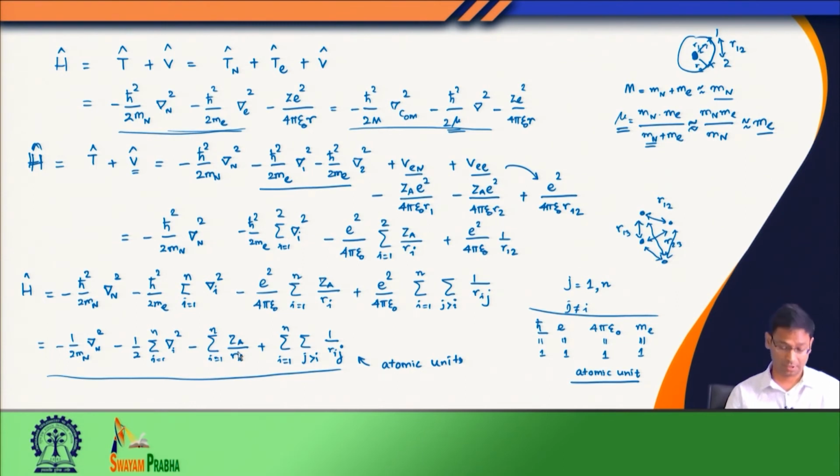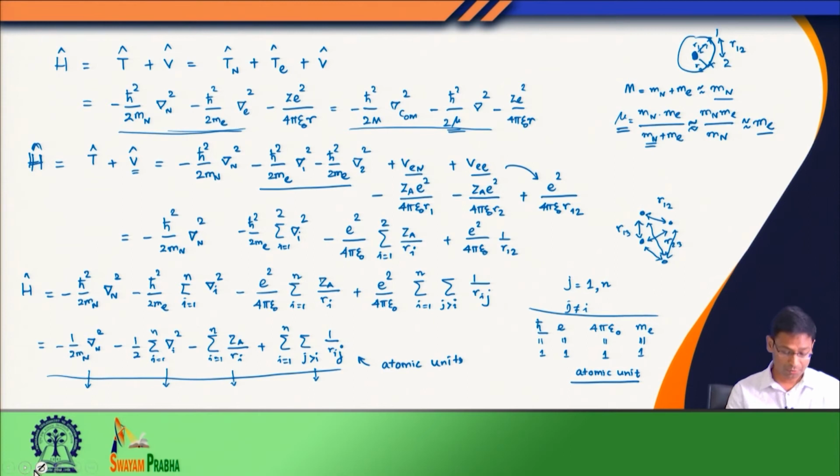The other thing that we should notice here is that this kinetic energy operator of the electron depends on one electron, because there is a nucleus and the electrons are moving with respect to the nucleus. Therefore, this term depends on one electron, and these terms have dependence on 2 electrons. So, these are 2-electron operators, these are 1-electron operators, and this is a nuclear operator. This depends on the nuclear degree of freedom.